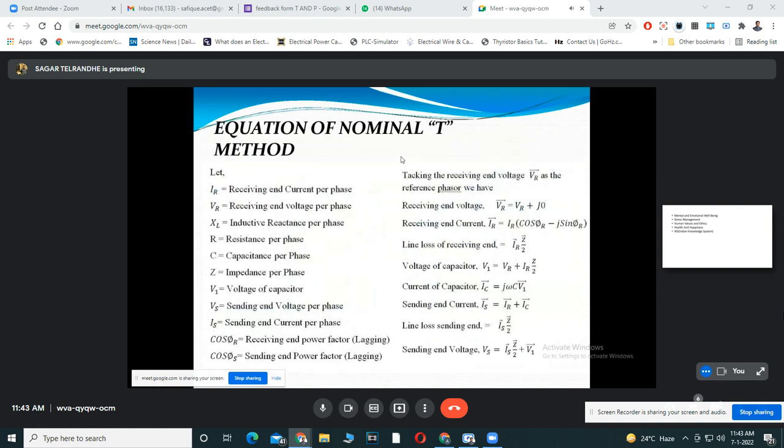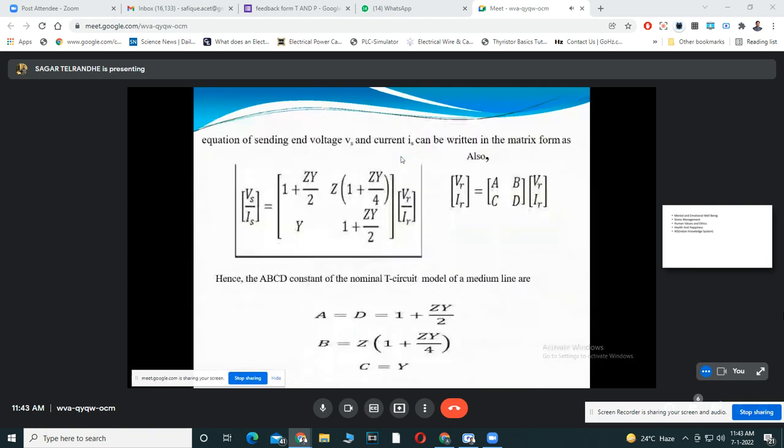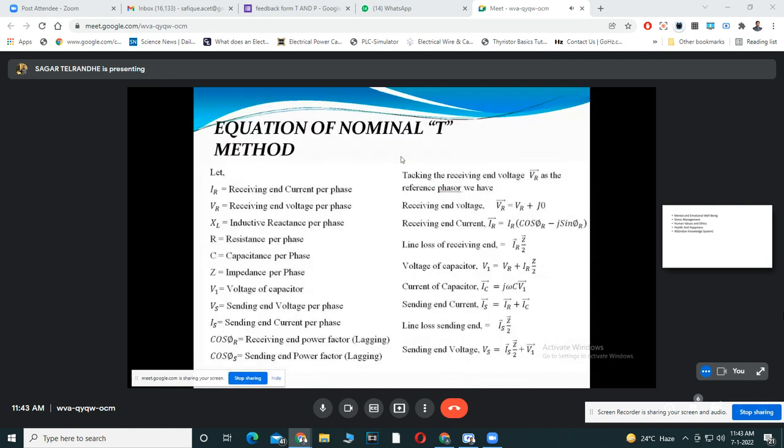All these parameters are received from this equivalent circuit, and each and every parameter is written here. The voltage of the capacitor is given by V1 equals VR plus IR times Z by 2. Current of capacitor is IC equals jωC V1. Sending end current Is is equal to IR plus IC. Line loss at the sending end is equal to Is times Z by 2.